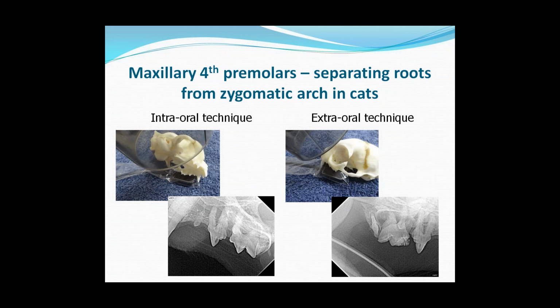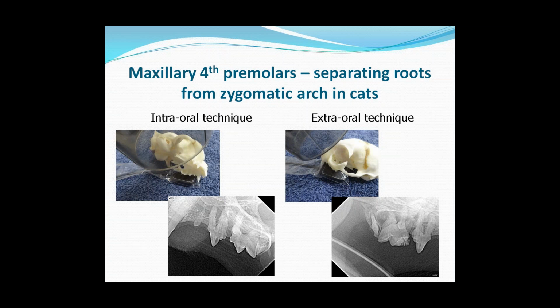On the left-hand side, I've used a skull just so you can see where the tube head is, where the film is, or in this case a sensor, and where the teeth are, so we don't have all the soft tissue and the tongue in the way. But what I'd encourage you to experiment with initially is to try an extraoral technique rather than an intraoral technique.